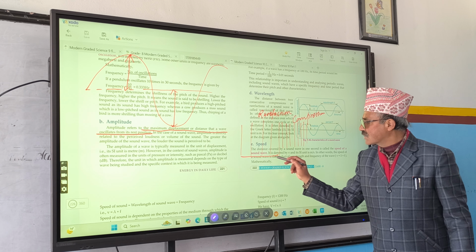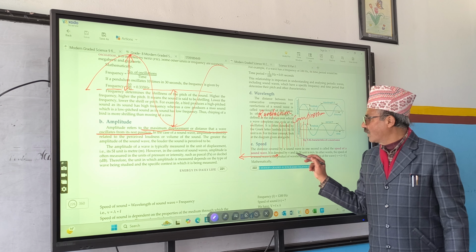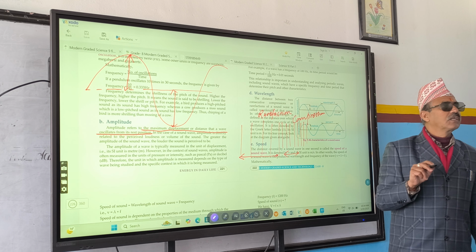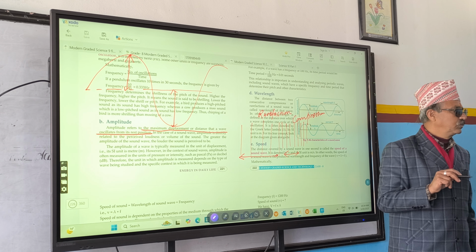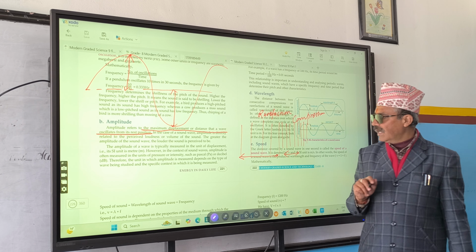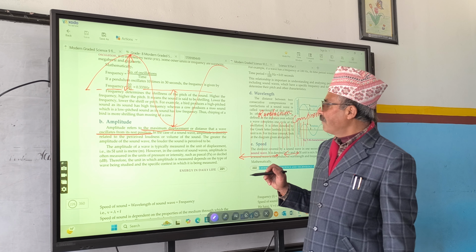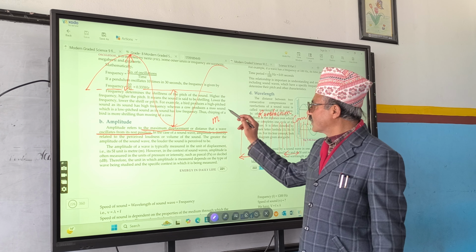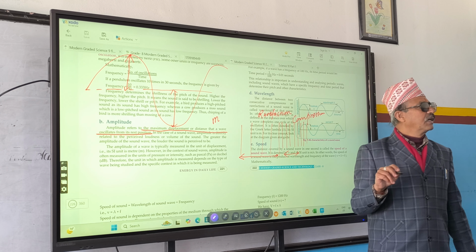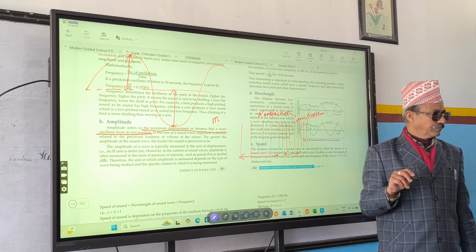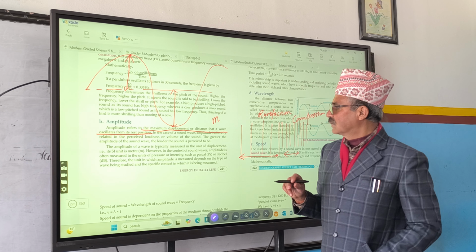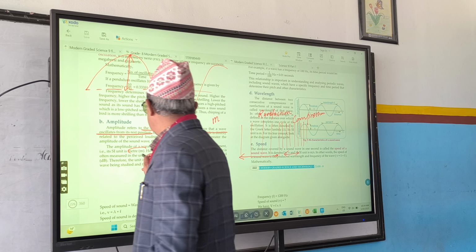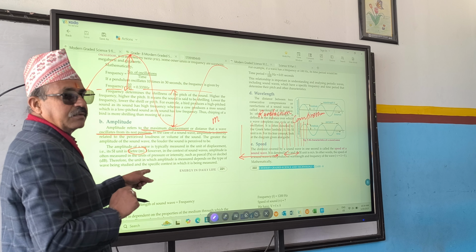What is the distance of compression or of rarefaction? That is also called amplitude. And amplitude is expressed in the unit meter, because it is a distance. So here is given meter.